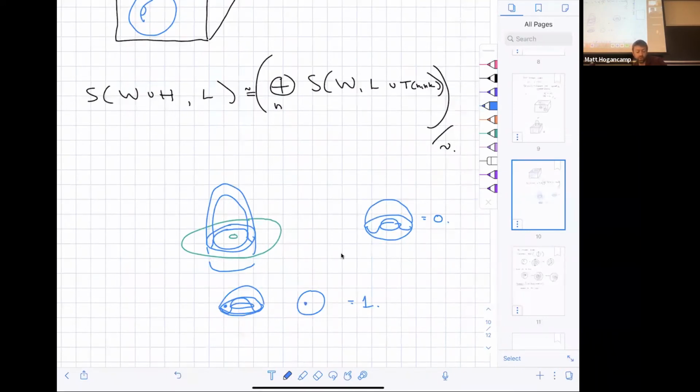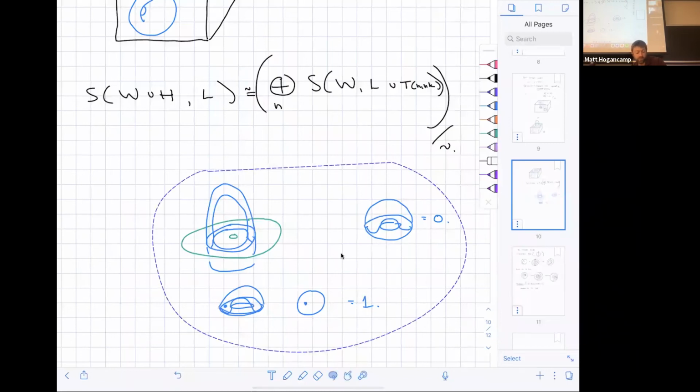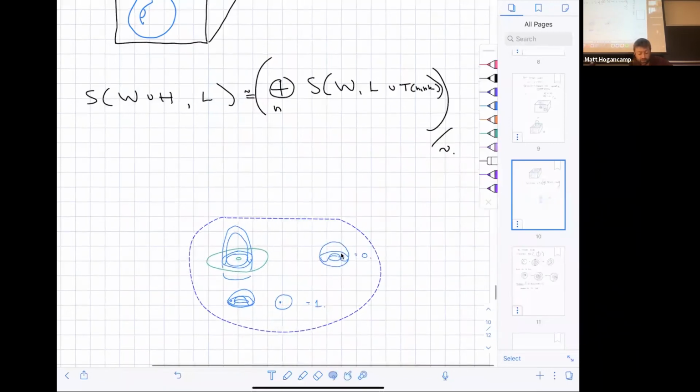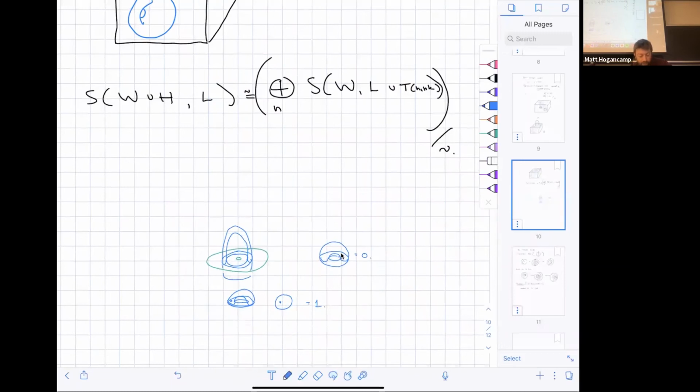And so the relations that you impose, and this is really what you find in Manolescu-Neithalath, is you kill certain morphisms between cables of this attaching circle. So you set a dotted cake equal to 0, and this guy equal to 1.